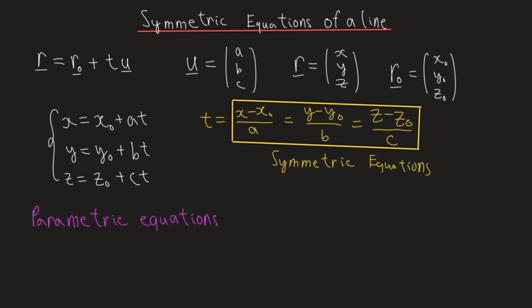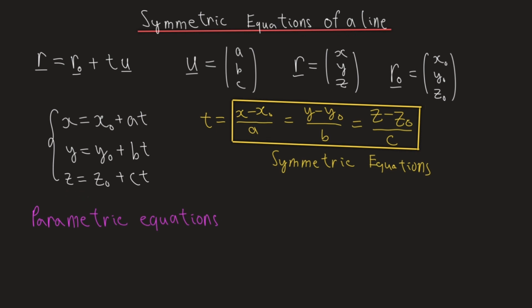Now, I want to emphasize something really important. What if one of the coordinates of our direction vector u is 0? So for example, our coordinate c here is 0. So we know that we can't divide by 0, and therefore we need to figure out what to do. Note that from our parametric equation over here, if c was 0, then we would have z equals z naught.